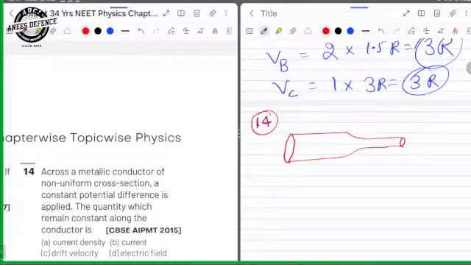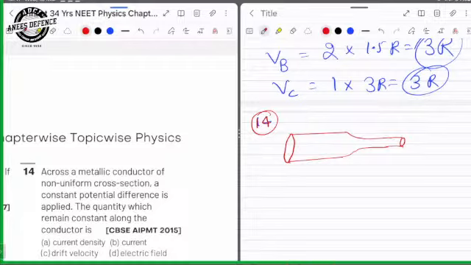That is non-uniform. Somewhere cross section area is more and again cross section area is less. A constant potential difference is applied. The quantity which remains constant along the conductor is current.